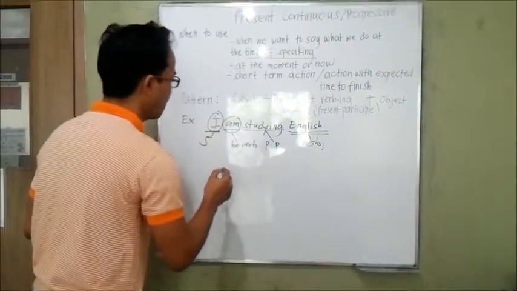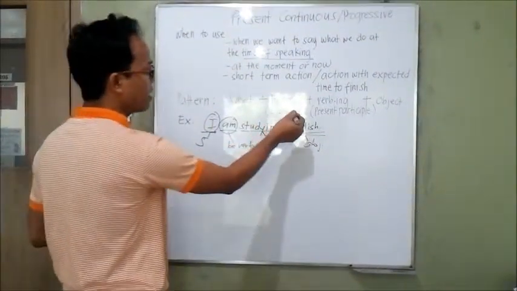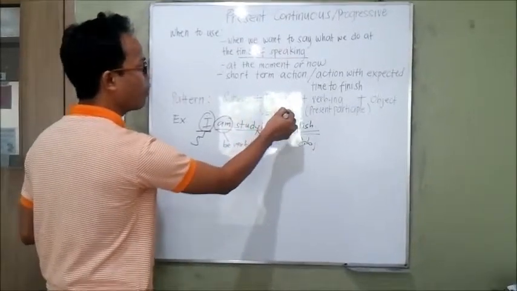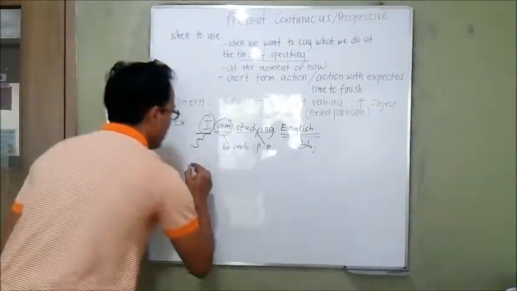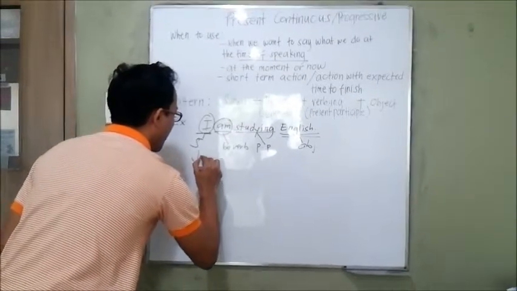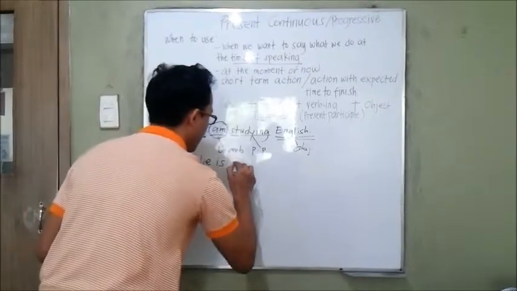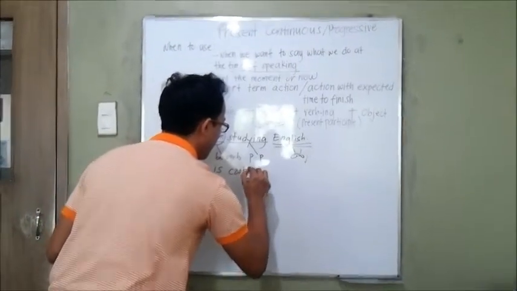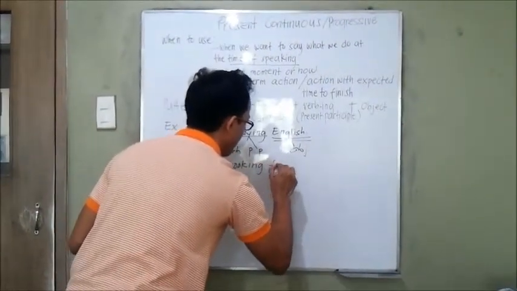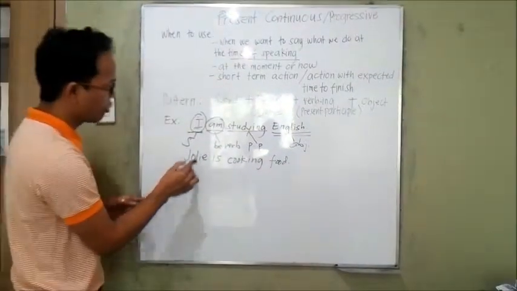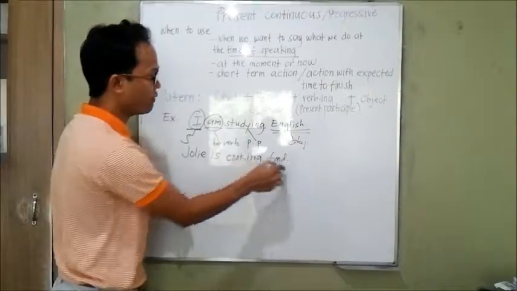Let's have other examples, using is for singular and are for plural. Let's have here Julie is cooking food.